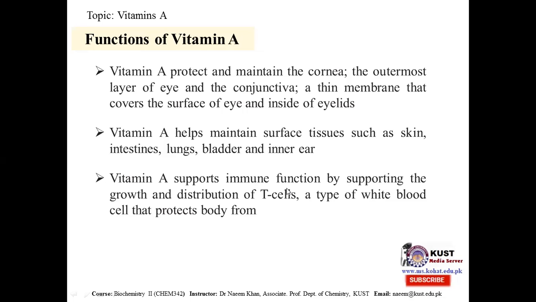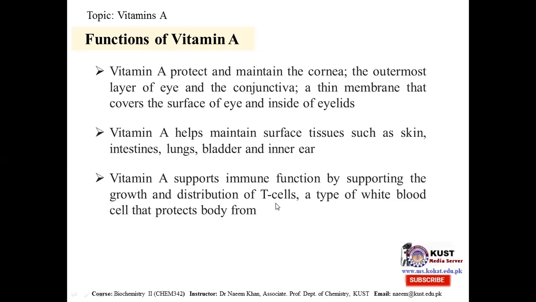Vitamin A supports immune function by supporting the growth and distribution of T cells, a type of white blood cell that protects our body. T cells have different forms, and actually in the immune system we basically have two mechanisms. One is through T cells, and the other is the antibodies.